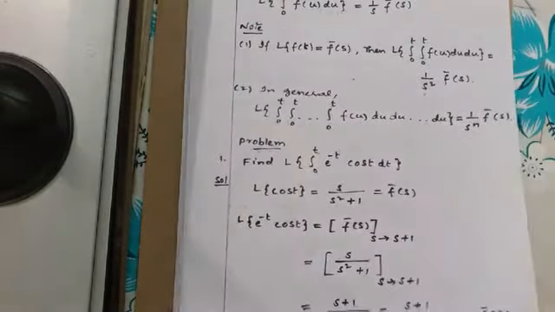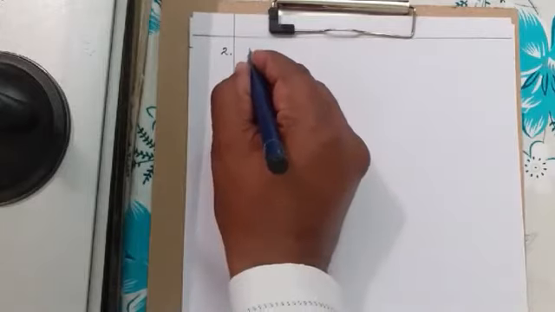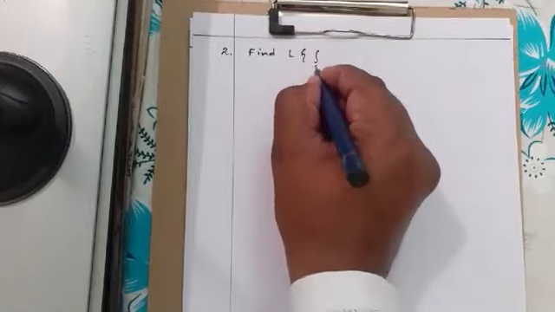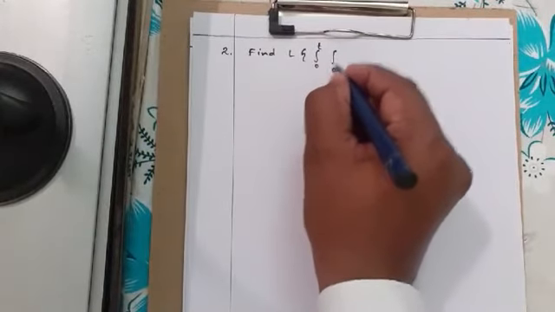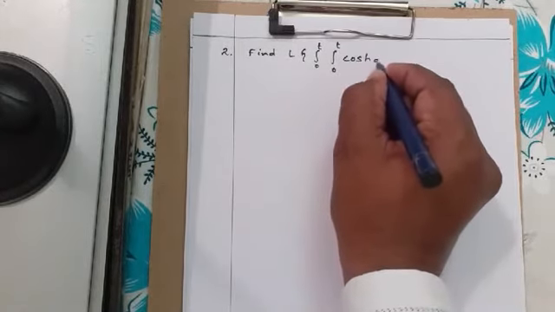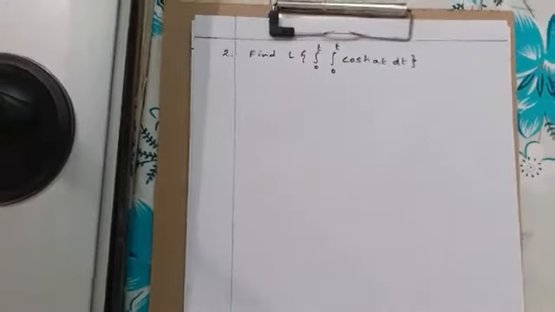Now let us have the next problem. Next problem is: find Laplace of integral 0 to t cos h at dt. Close the bracket.